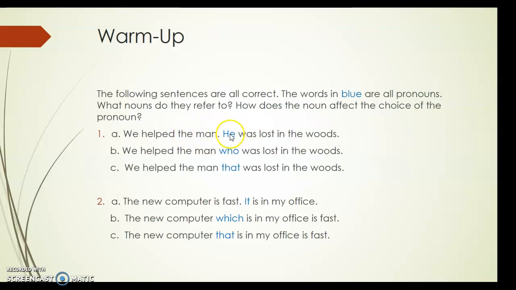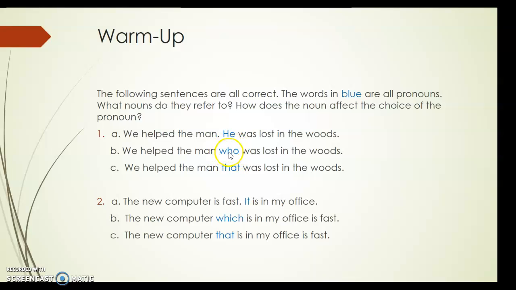And a good way of doing it is using a relative clause. Now let's look at the first example. We helped the man who was lost in the woods. We helped the man that was lost in the woods. Now, this is used like a pronoun.